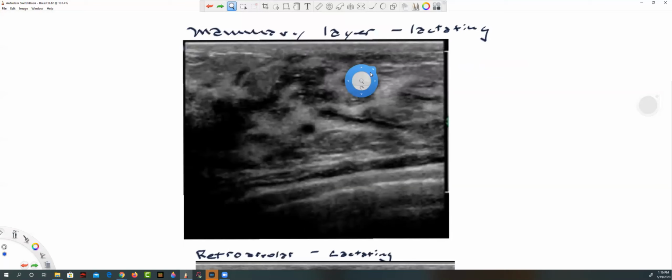I think this is from the same site. And whoa, look at this. These ducts now are really a lot more obvious. This guy down here, and then we're within that fibrotic stroma. So this is a lactating patient.